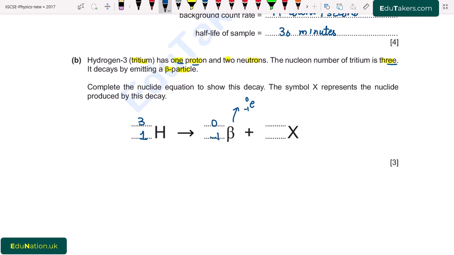In order to find out the atomic number and nucleon number of the element X, we have to balance the atomic number and nucleon number on both sides of the arrow. So first of all, I write here atomic number.